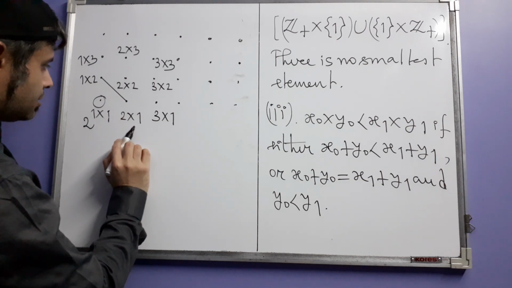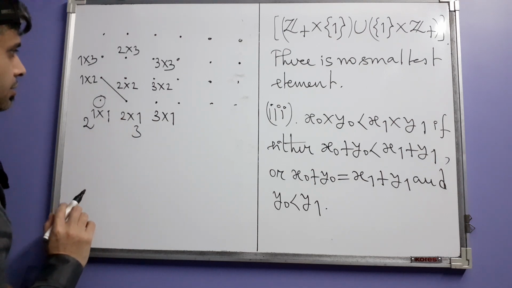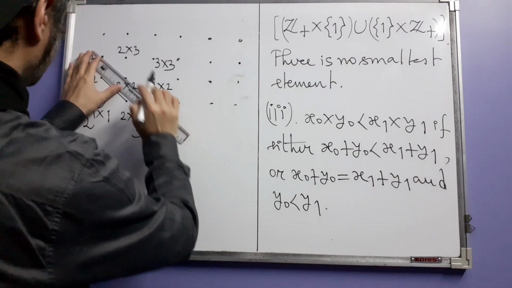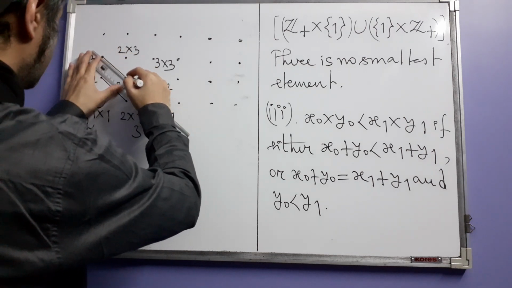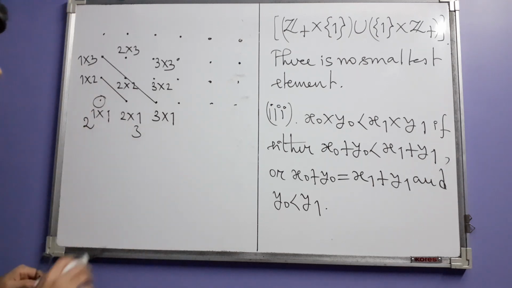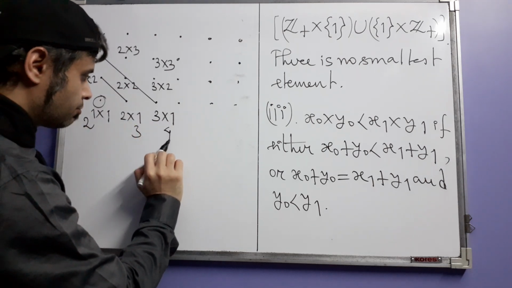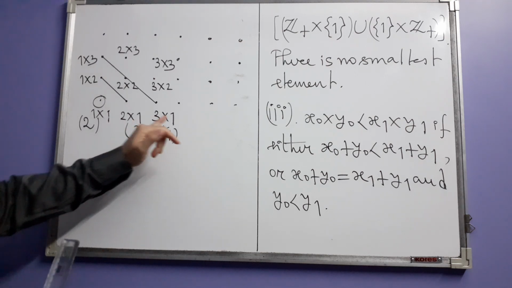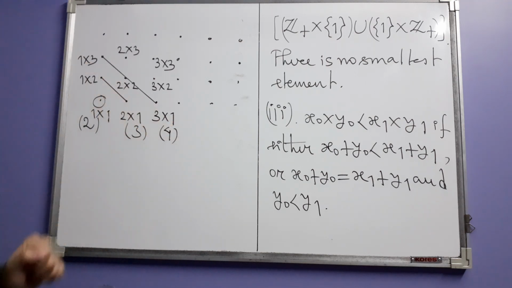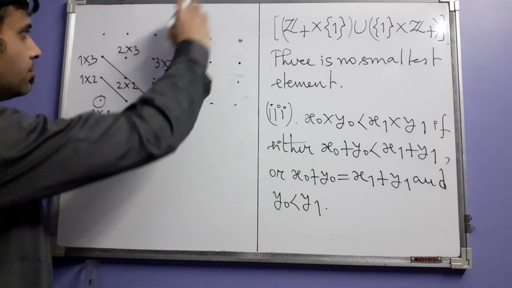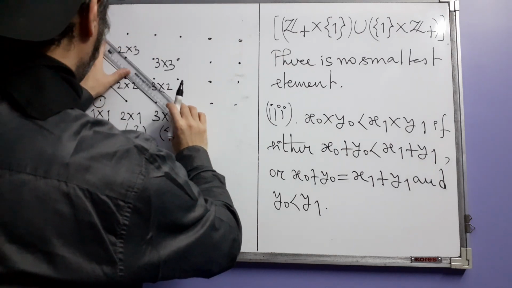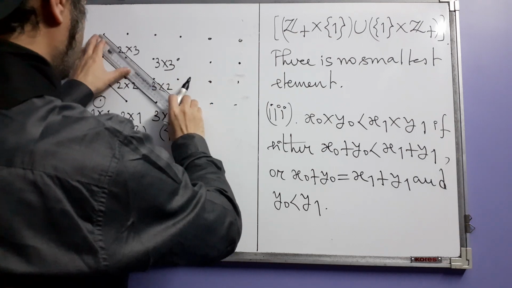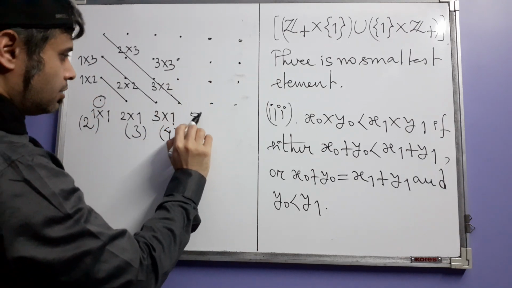So to identify this line, I write the number 3. Similarly, you can join these 3 points where the sum of the coordinates is 4. 3 plus 1, 4, 2 plus 2, 4, 1 plus 3, 4, and you can continue to draw more and more lines like that. You can imagine that the next one will have the number 5.